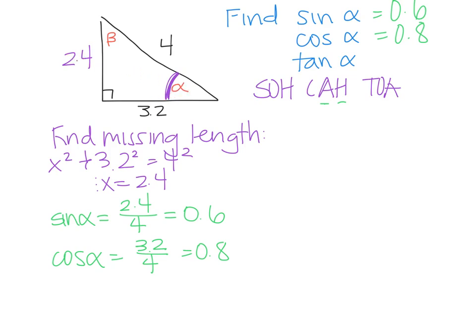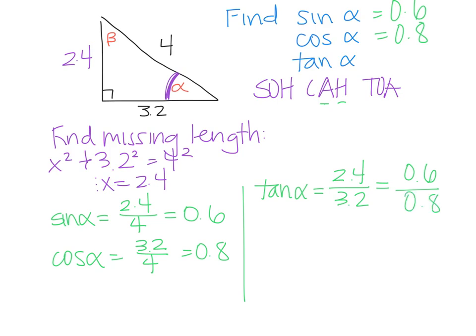Opposite over adjacent. So when I do my tangent of alpha, I have opposite, which is 2.4, divided by the adjacent of 3.2. Now, I can reduce this. I know 4 goes into both of those, so I'm left with 0.8. Oh, no, I'm not left with 0.8. 24 divided by 4 is 0.6 over, we know 3.2 is divisible by 4, and we get 0.8.